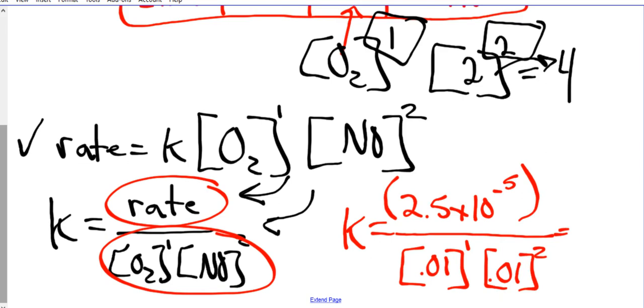And then I just type that into my calculator. Is it 0.025? What's the answer? Oh, sweet. That's a lot more zeros on the bottom than I did in my head. 25. That's a nice value. I like that number.